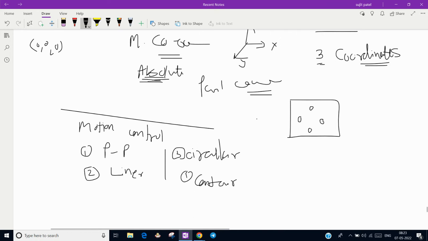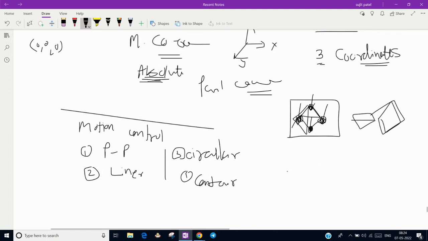A drill bit will come, make a hole, go to the next position, make a hole, and then the third and fourth holes. Whether it follows this path or that path, 1 2 3 4 or otherwise, ultimately our main goal is to drill at the exact location. So motion control is required only at the particular point. Here point to point motion control is used.